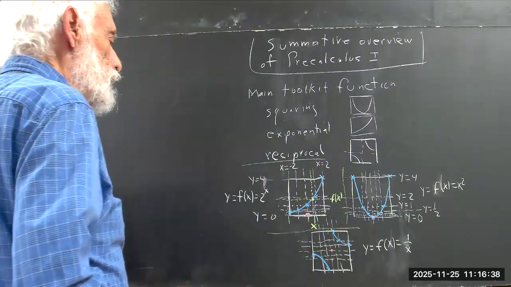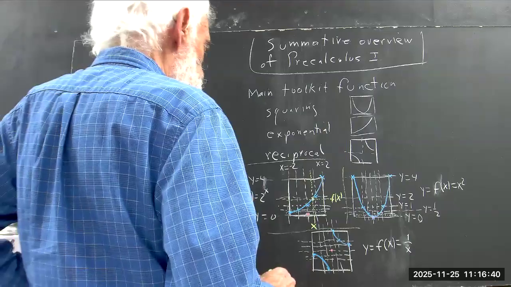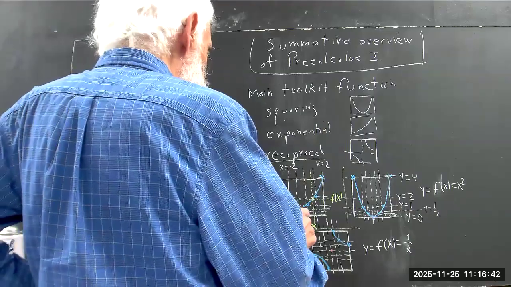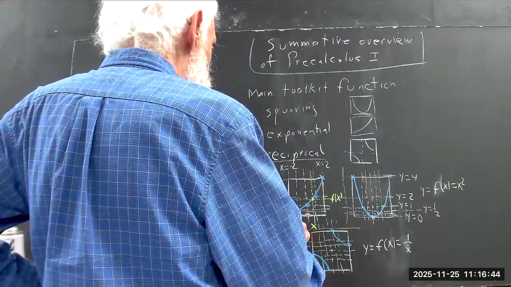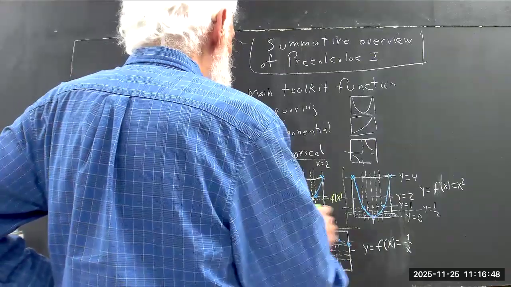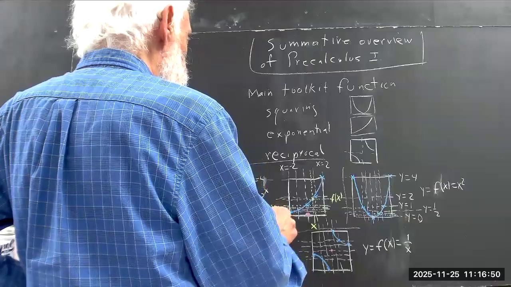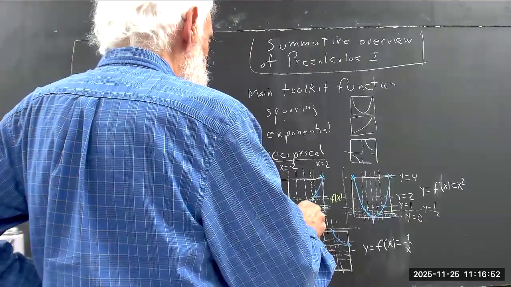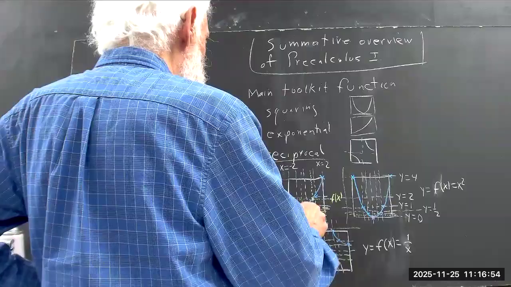If I specify a y value, let's say I've got a y value here, that's going to intersect the graph at a point.